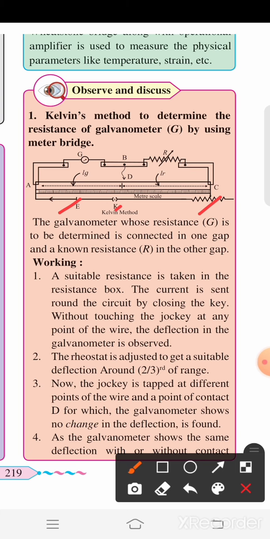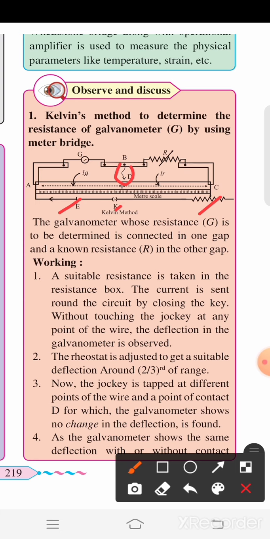A jockey is connected directly on the central metal strip B, which is used for obtaining the balancing point D, and can slide along wire AC to find the balancing point.